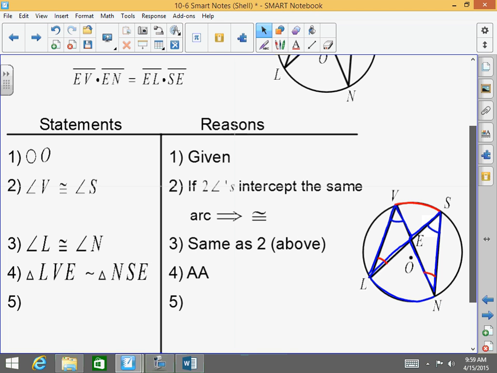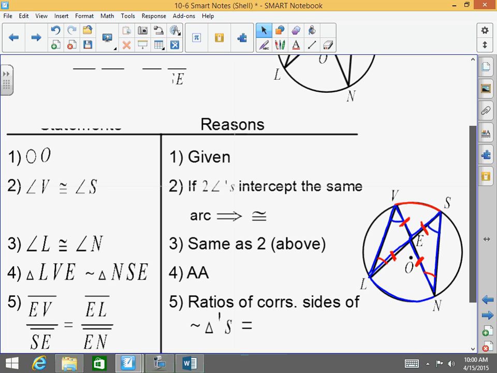Now, we're getting to the part that always jammed us up a little bit, guys. If these guys are congruent, similar, isn't the ratio of EV to ES equal to EL to EN? Because ratios of corresponding sides in similar triangles are congruent.